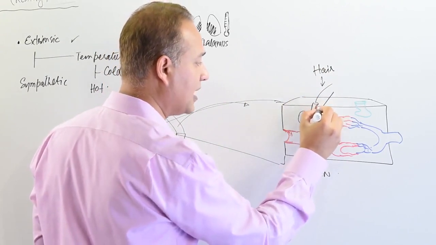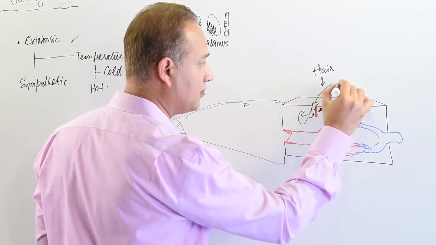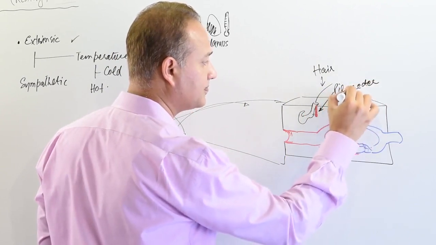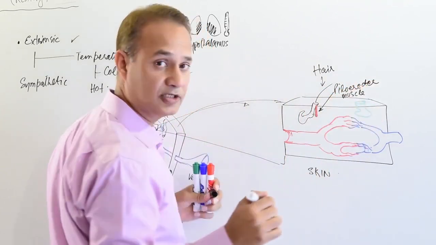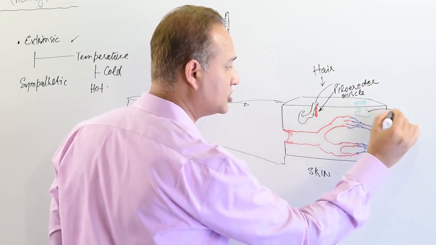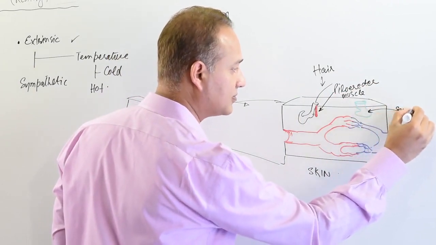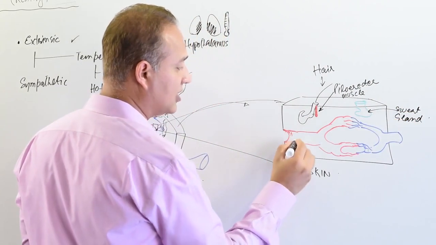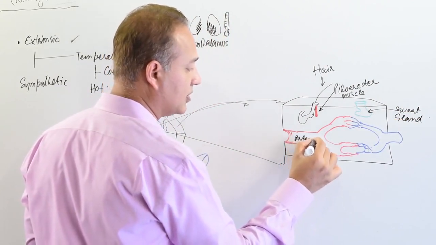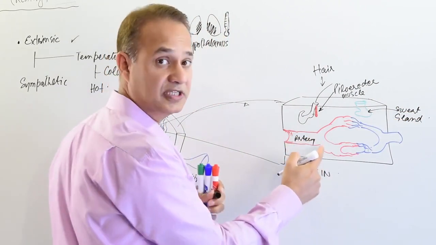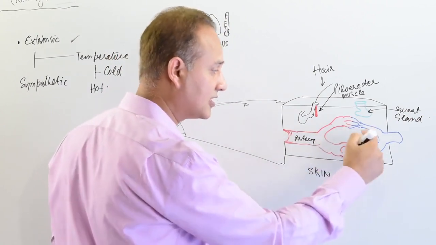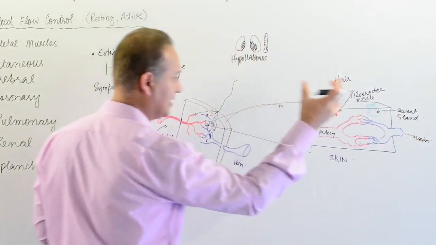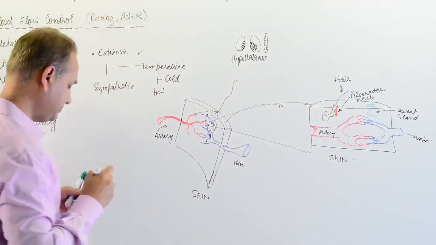This is, of course, a piloerector muscle, the muscles that are attached to the hair. This is a sebaceous gland or a sweat gland. Of course, this is an artery dividing into smaller arteries and then arterioles and then capillaries, becoming a vein after being collected again. So that is the structure that we have.